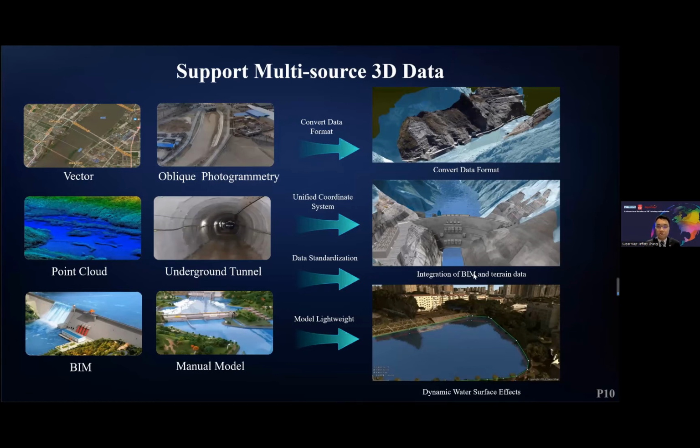We use some spatial calculation and do some modification for the terrain, and then for the water surface, because if we use the drone to collect the data, usually the water surface is not good from the result because the water surface is dynamic. So here we provide a new choice for you. You can use some vector data and set some water surface symbol to achieve the dynamic water surface effects.